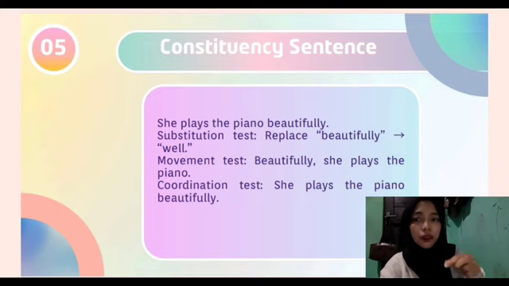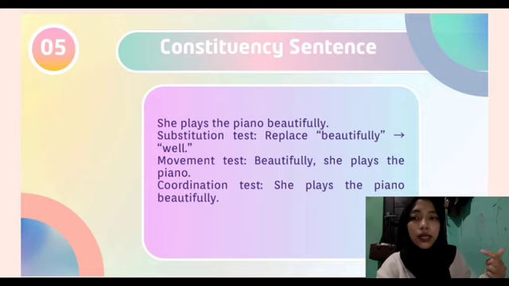Movement test, we can move it to the front. "On the sofa, the cat sleeps." Coordination test, we can coordinate it with another phrase. "The cat sleeps on the sofa and on the bed." This result confirms that "on the sofa" functions as a prepositional phrase, a single constituent.